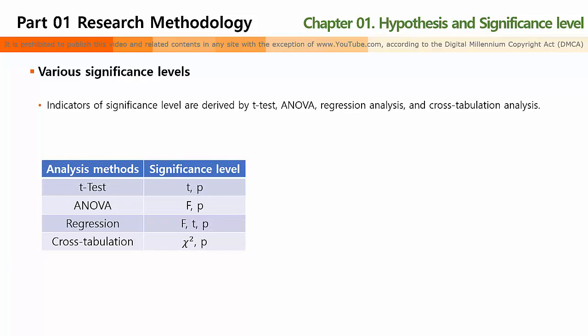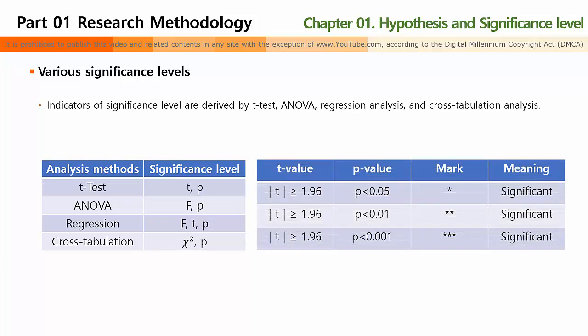For example, if the absolute value of t is greater than 1.96, the p-value is less than 0.05. Also, if the absolute value of t is greater than 2.58, the p-value is less than 0.01. And there are expressions such as these in articles and various journals.